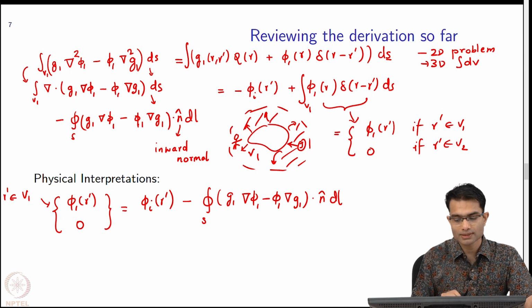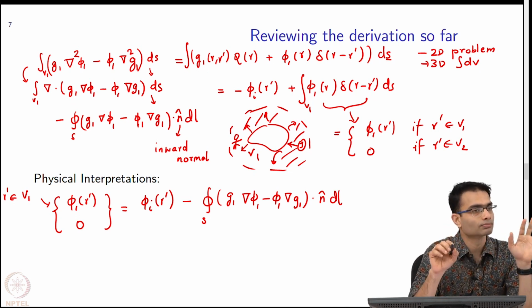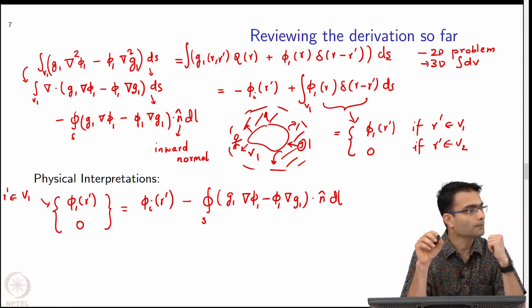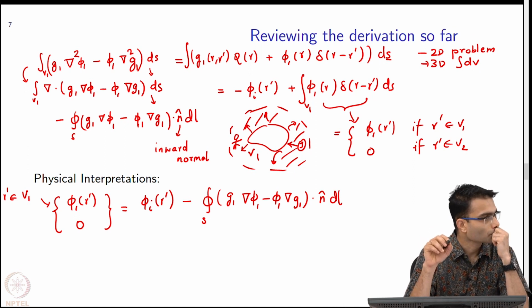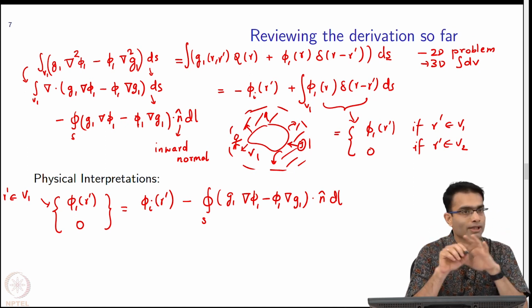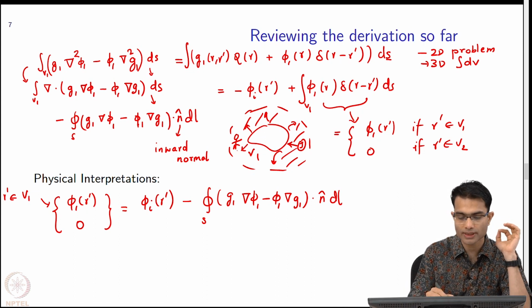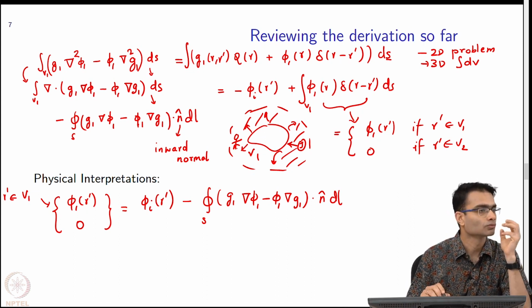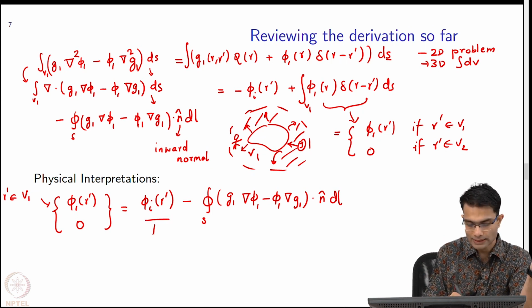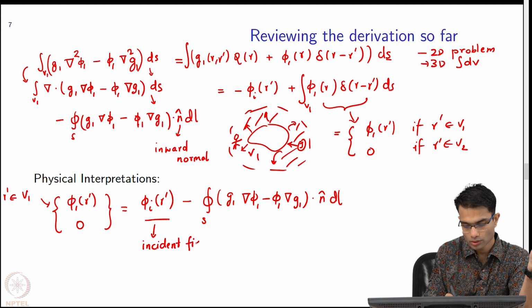The observer here, supposing there was no object, what would the observer see? There is no object, only the current source and the observer. Only the source field, there is no object. So this is the incident field. No object.